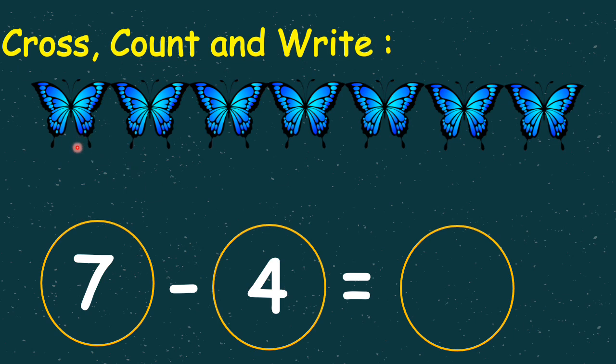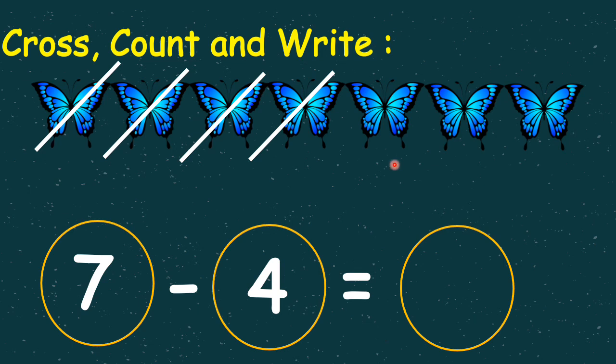So that is 1, 2, 3, 4. So how many butterflies have we crossed here? 4. 1, 2, 3, 4. So we had to cross 4 butterflies and we have cut 4 butterflies here.